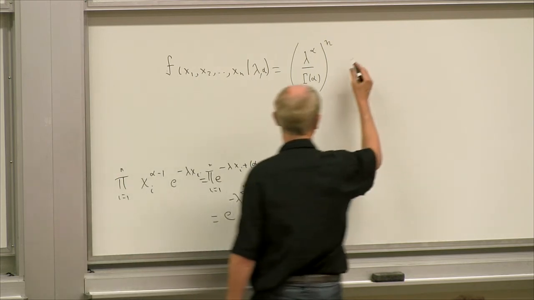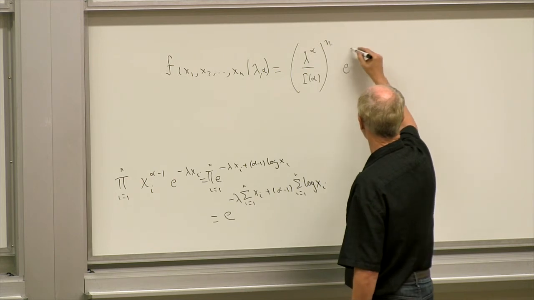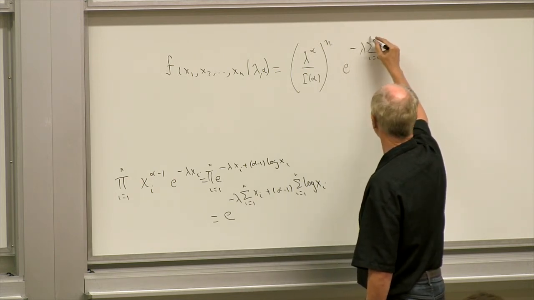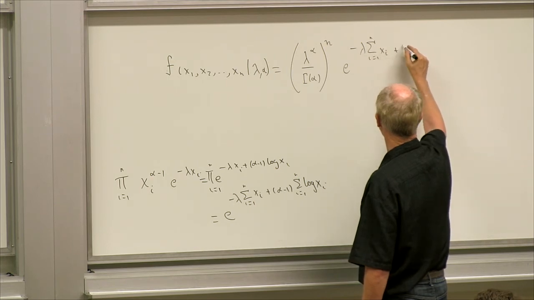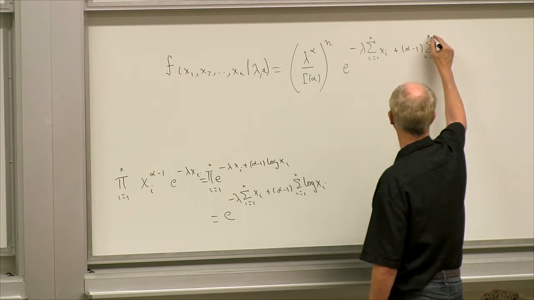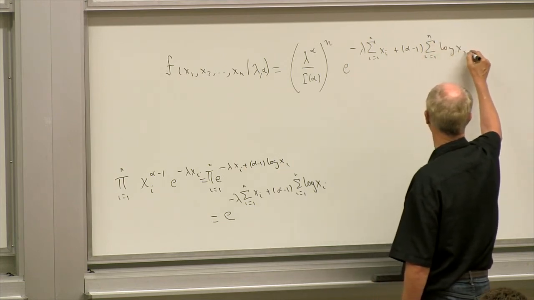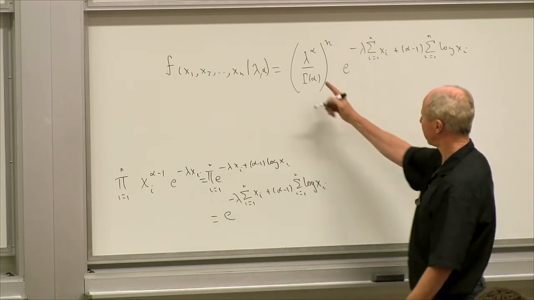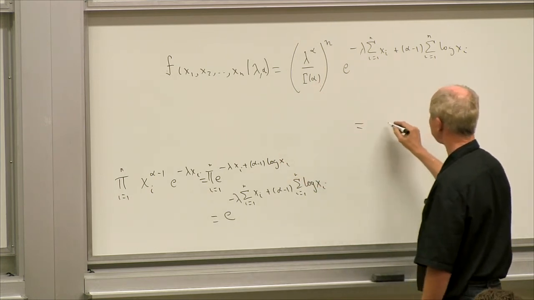We get that. So up here we get e to the minus lambda sum i equal 1 to n xi plus alpha minus 1 sum i equal 1 to n log of xi. And just to put it in that form, I should take e to the log of this.